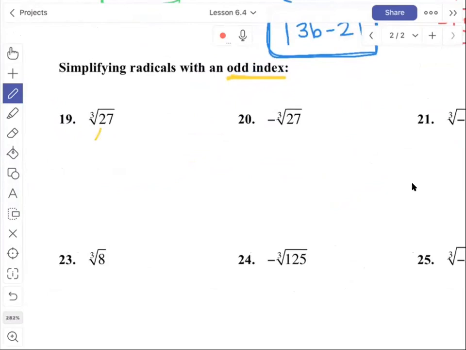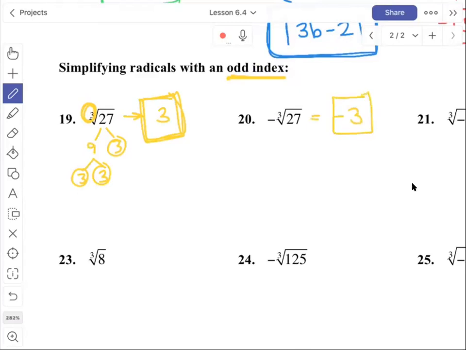Yes, because this is 9, this is 3, this is 3, this is 3. So 1, 2, 3. And the index said you only need 3 of them. So that's equal to 3. Lots of 3s. Since that was so short, Leo, can you do number 20? -3. Good. Done. Great job, Leo.